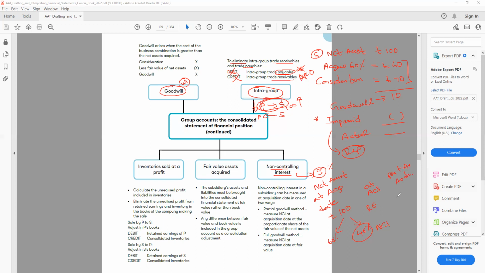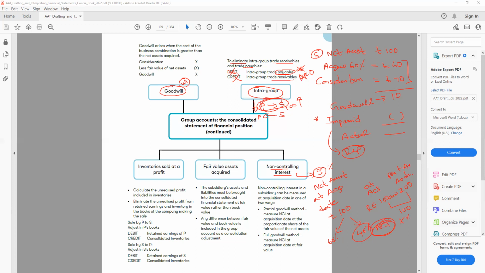For example, when the parent buys the subsidiary, if the retained earnings were 100, and at the end of the year the retained earnings are 200, that means during this period, together they made a profit of 100. Out of this 100, the subsidiary will have their own interest, the NCI interest. Now it depends. If the parent owns 80% of the subsidiary, then 20% will be the NCI. So you need to be careful how much is the retained earnings or the profit we make during the year.